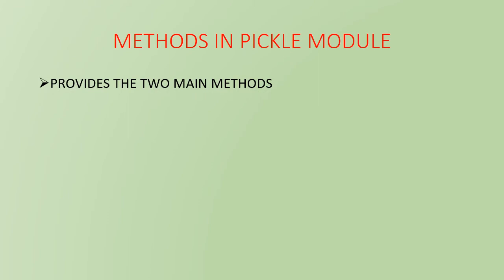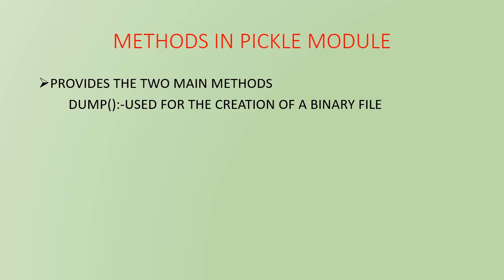The methods used in the pickle module: it provides two main methods. The first one is the dump method, which is used for the creation of a binary file, and the syntax for writing it is pickle.dump(object, file object). So we may have a doubt, what is an object and what is a file object. Object is the thing that we wanted to store, and the file object we are already using for opening the file.